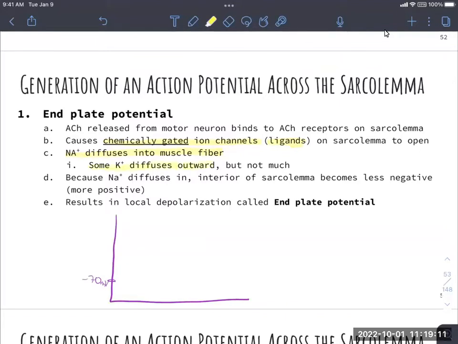As I showed, those leaky channels are where some potassium leaks out, but not too much, because that's what keeps us at that nice resting membrane potential. As sodium comes in, that's depolarization. Depolarization is when the cell becomes more positive. So this is where our cell is becoming depolarized.